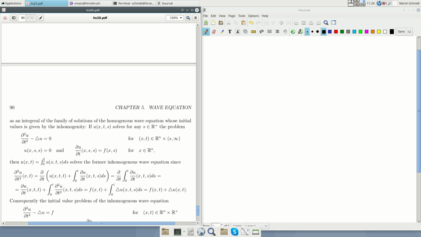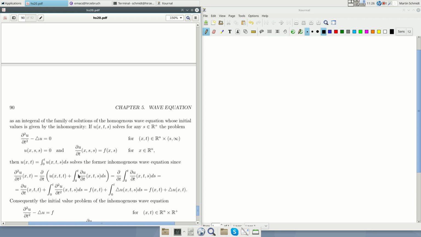At the upper bound we may use the fundamental theorem of calculus, so this means we should insert s equals t. So we get this term for the first derivative, and this is the other term by taking the derivative. This sum is clearly the derivative of u of x and t, and now taking the second derivative, we should keep in mind that this term here is 0, so this term vanishes.